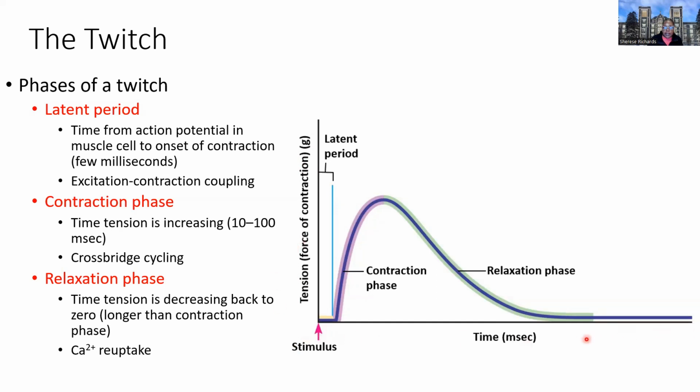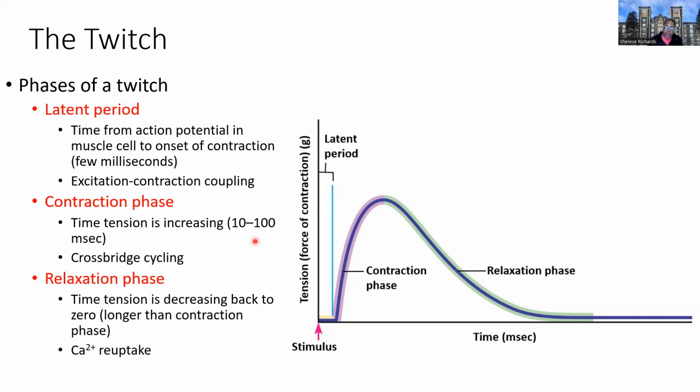And that is in milliseconds. So when we receive that initial stimulus, that initial action potential, we're not going to immediately see tension or force rise because it takes some time for excitation, contraction, coupling to occur.